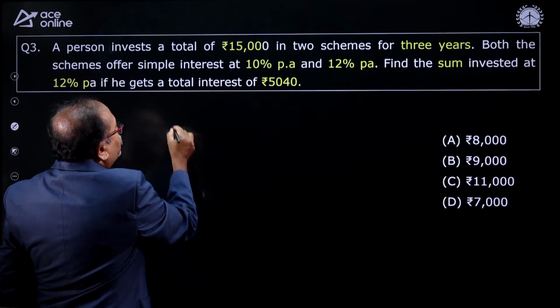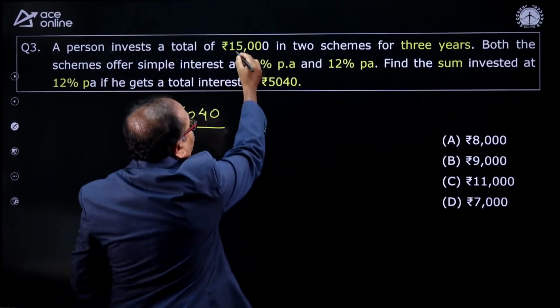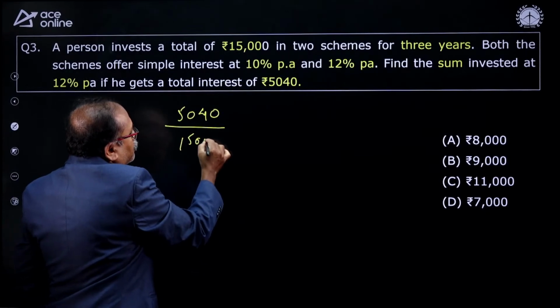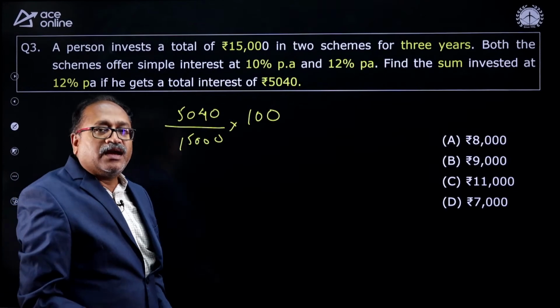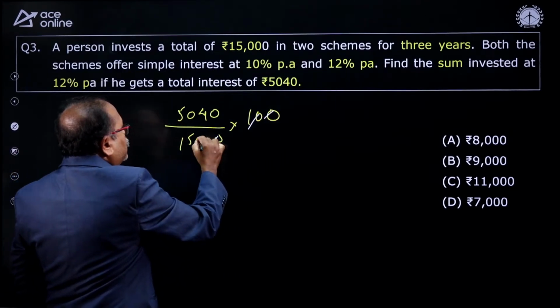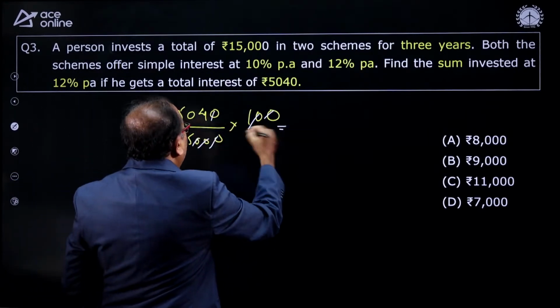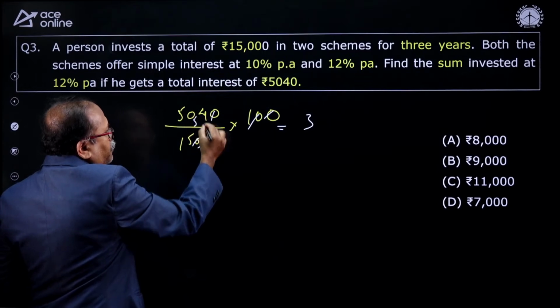Now, 5040 is what percentage of 15,000? Can I get this part? Yes, my friends, Mr. Aman and Sai and Anusha, we can get this one. If you cancel these zeros, these 3 zeros get cancelled, and with 15, 15 times 3 is 45. 45, I am left with 5.